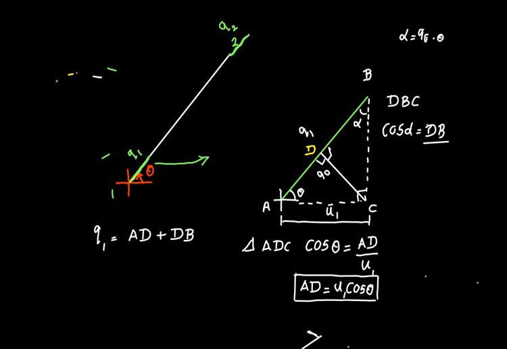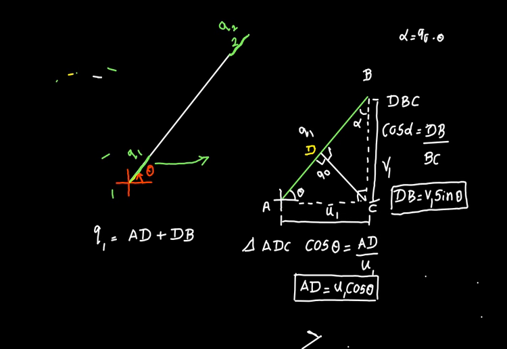BC is the vertical component of the displacement, and that is V1. So DB is equal to V1 cos alpha, but alpha is 90 minus theta, so cos of 90 minus theta is sine theta, so it's going to be V1 sine theta. So I got the value of DB.